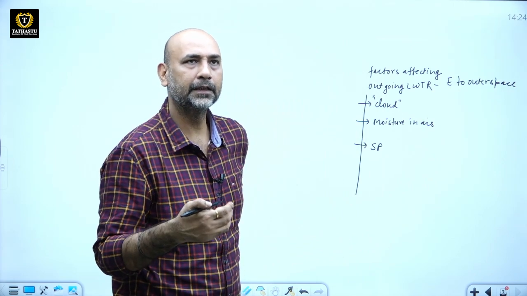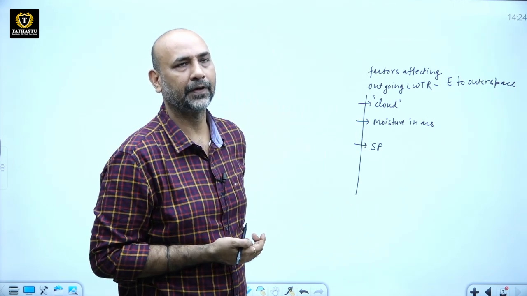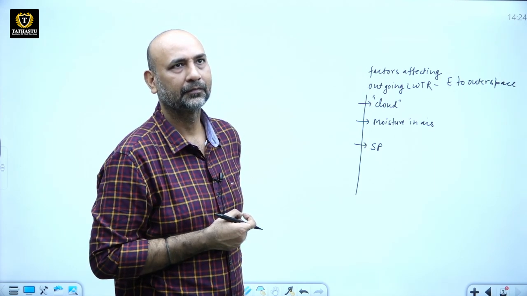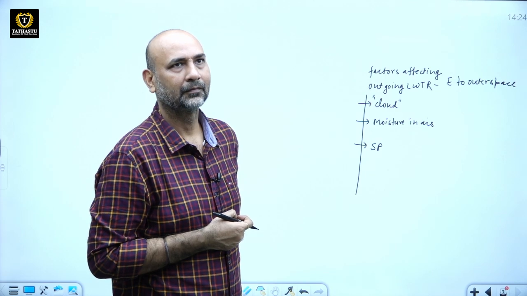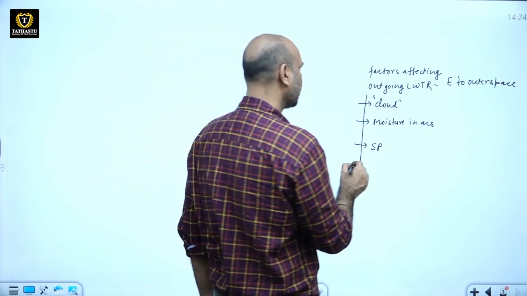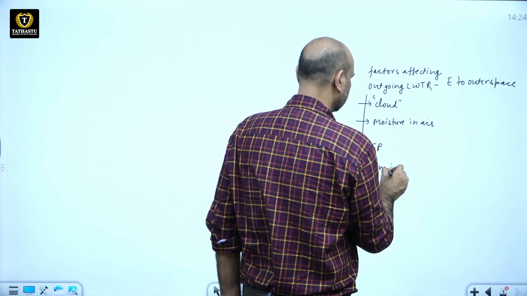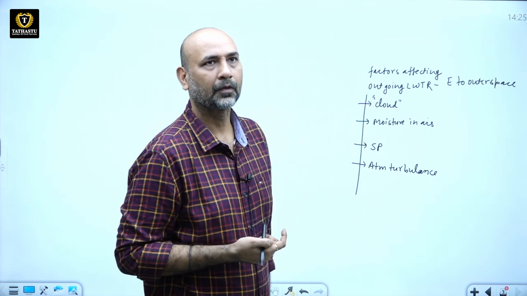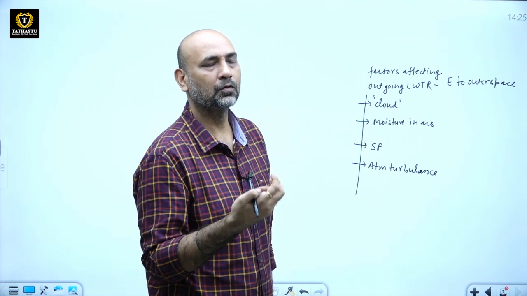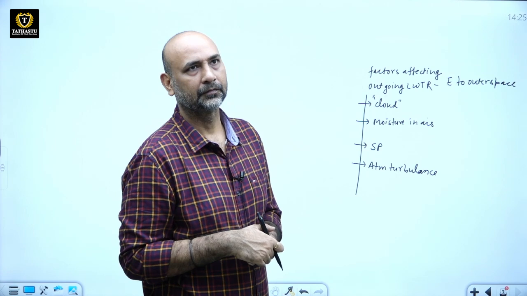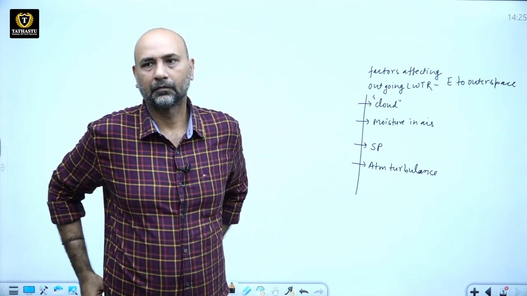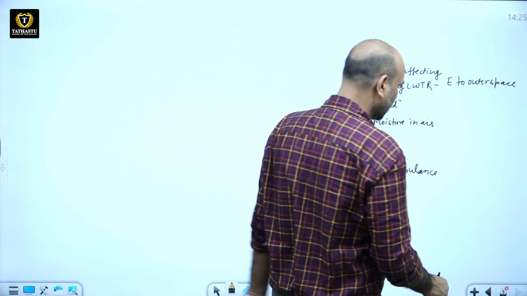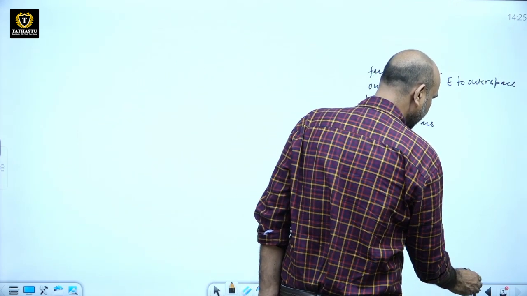Remember that these have ability to produce greenhouse effect, ability to absorb and retain long wave thermal terrestrial radiation. Atmospheric turbulence also interfere with outgoing long wave terrestrial radiation. So these are the factors involved into controlling surface and atmospheric temperature.